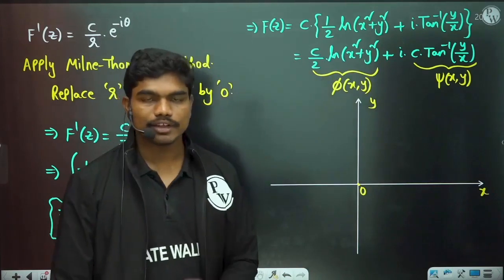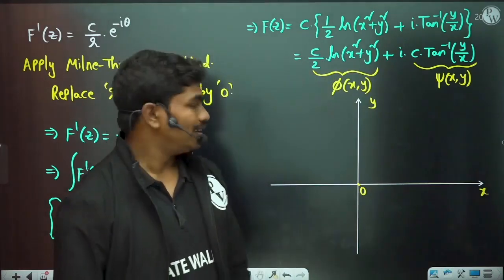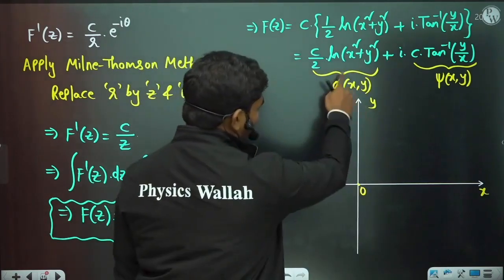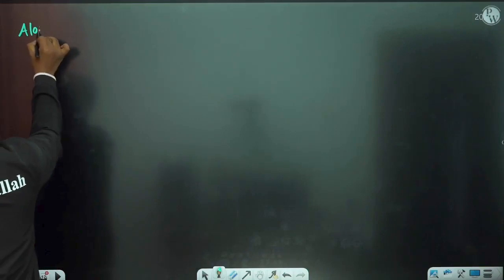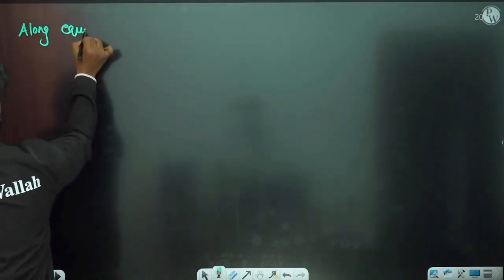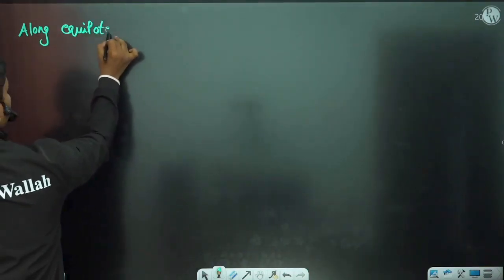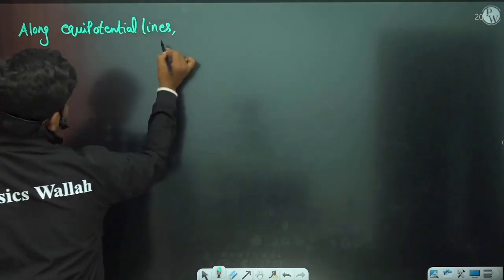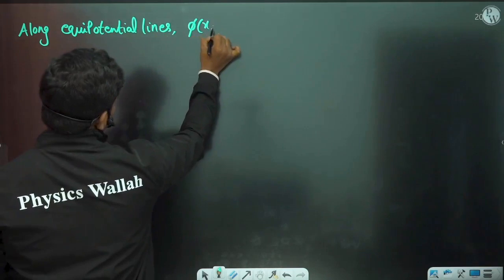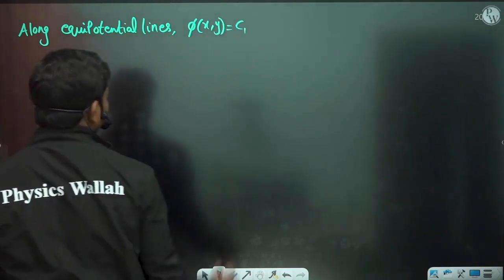Now tell me one thing, if you want equipotential lines, along equipotential lines this phi is actually constant, correct? So let us see, along equipotential lines we have phi of x comma y equal to some arbitrary constant, say c1 for example.